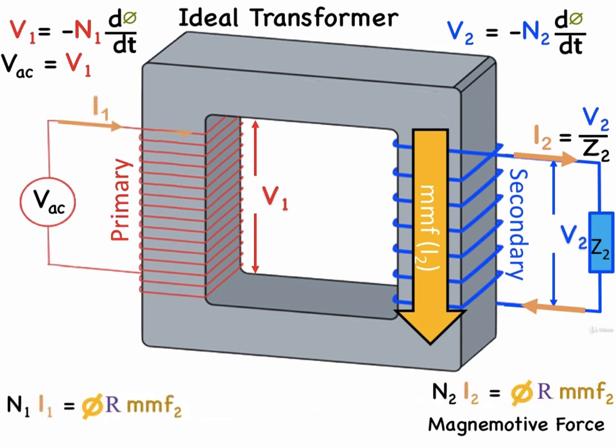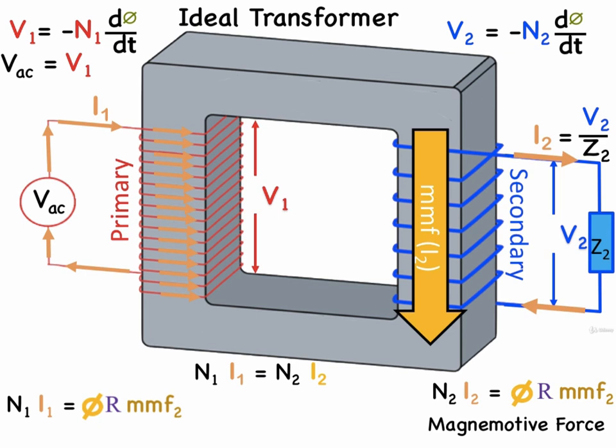This magnetomotive force, MMF2, links the primary coil, resulting in an induced current I1, which must equate to MMF2. But because there are N1 turns in the primary coil, MMF2 must equal N1 times I1. Since the magnetomotive force is the same in both coils, then N1 times I1 must equal N2 times I2.